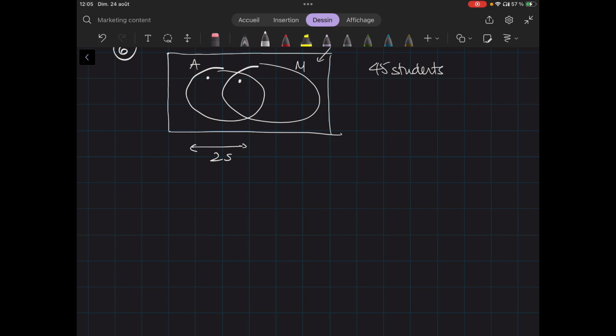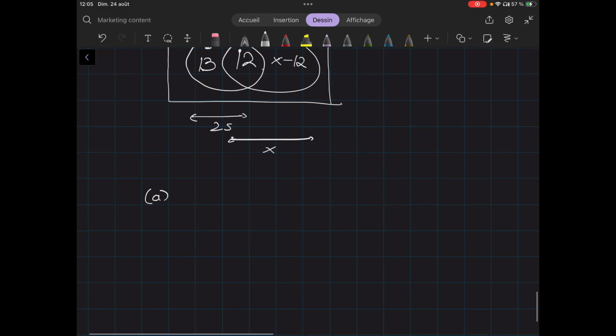We have 12 students that take part in both arts and music. And we have X students taking part in music. Therefore, if X includes these two regions, this region is going to be X minus 12. If 25 covers both regions, this region over here is 13.